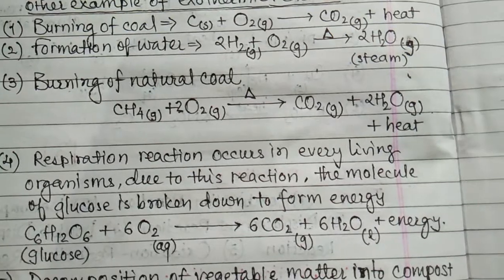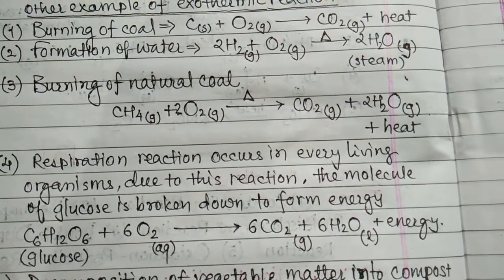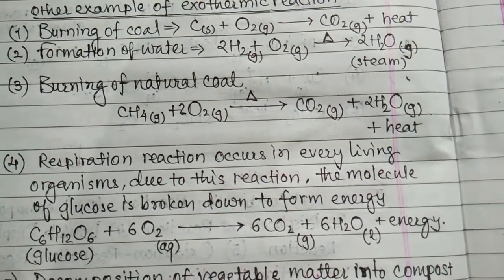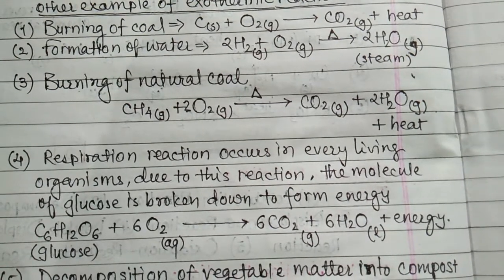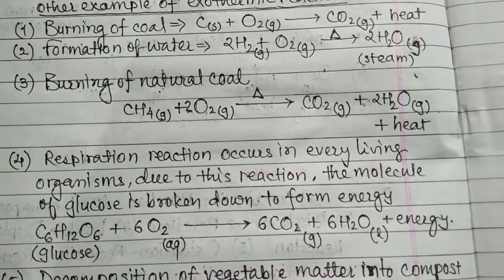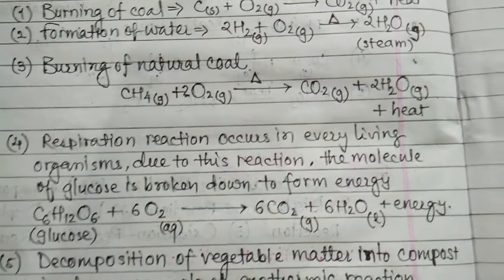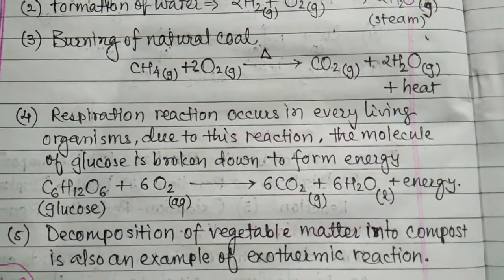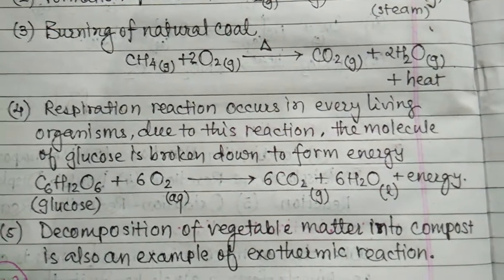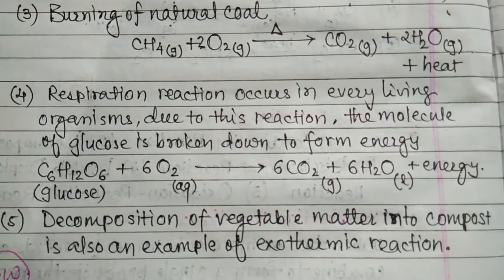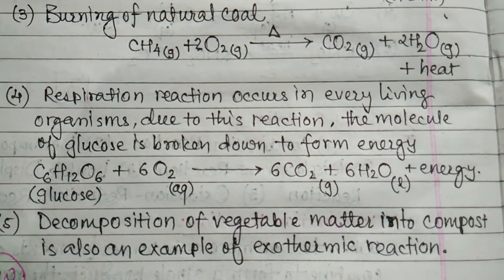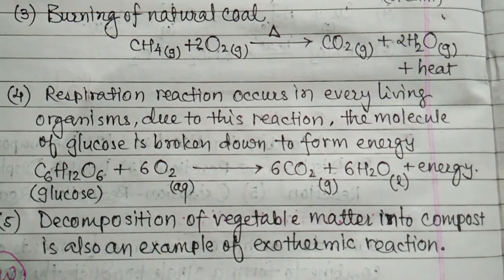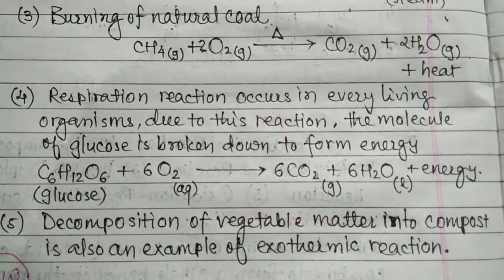Natural gas: CH4 plus O2 gives CO2 plus H2O. Now respiration. Respiration occurs in every living organism. Due to this reaction, the molecule of glucose is broken down to form energy.